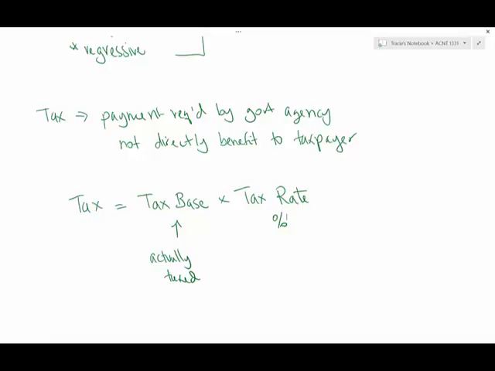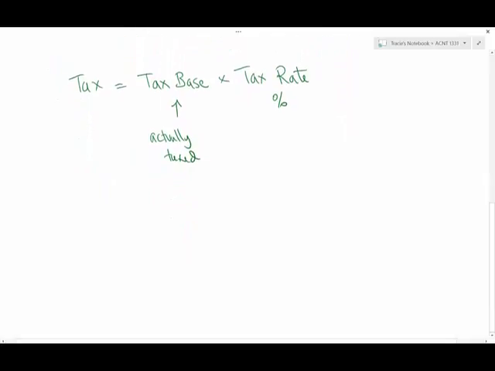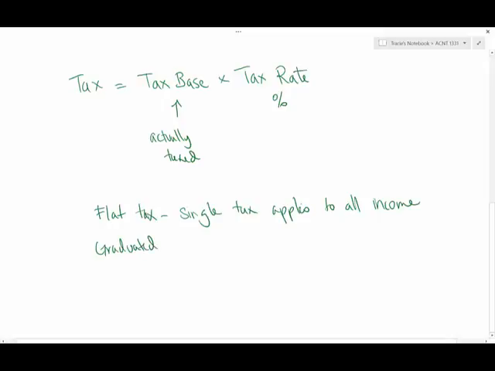Now, there are essentially 2 different types of ways that we can calculate a tax. We can do what you've probably heard of and do a flat tax. And a flat tax is essentially a single tax rate that applies to all income. And then we also have the situation that we have when we talk about individual income taxes, and that is a graduated tax. And in a graduated tax, the tax base is broken into brackets.